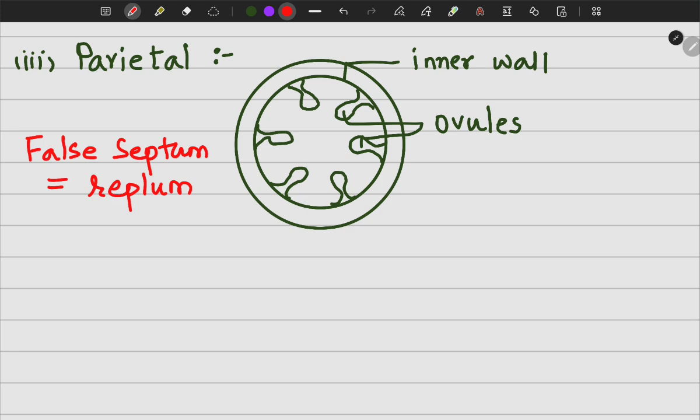But ovary is usually one chambered. So this is the characteristic of parietal placentation, in which the ovules are borne at the inner walls of the ovary and a false septum called replum is found. Examples are mustard and argemone.